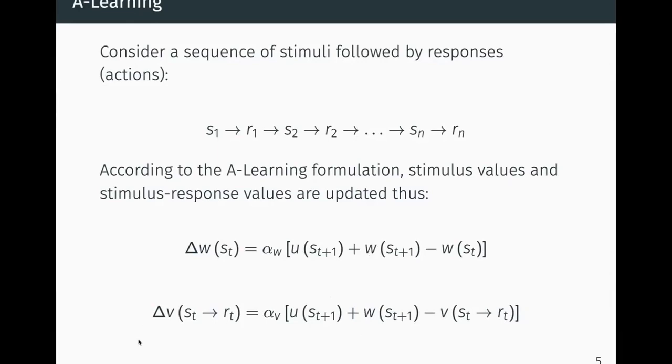The second equation is what we call instrumental conditioning, where the value of a stimulus-response pair is again dependent on the unconditioned and conditioned stimulus value of whatever is coming next. You can see that the second equation looks quite similar to something like Q-learning. But the relevance of this model is that it combines both types of conditioning, both Pavlovian and instrumental.